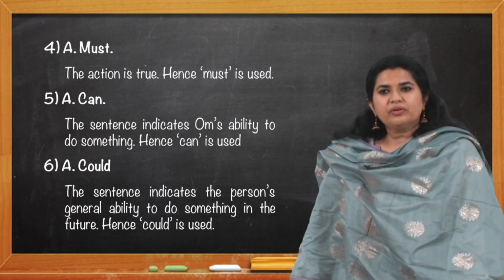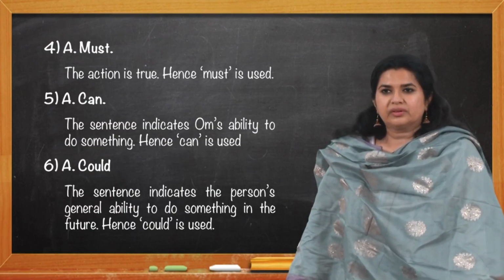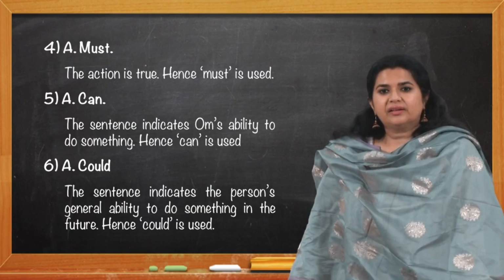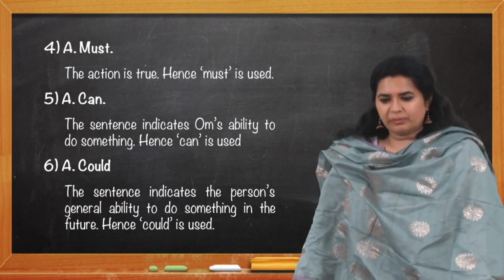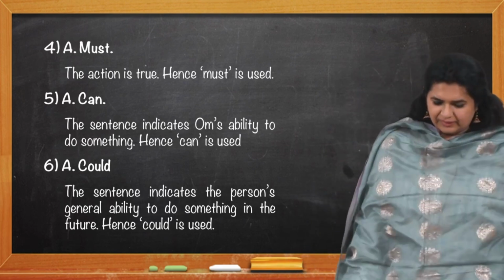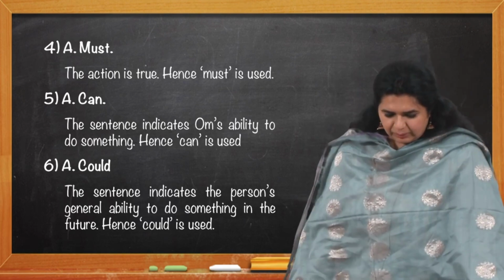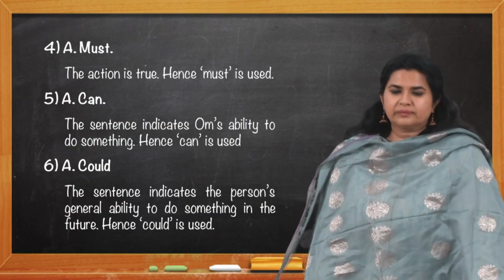And number 4, A, must. The action is true, hence must is used. Number 5, A, can. The sentence indicates Om's ability to do something, hence can is used. And 6, A, could. The sentence indicates the person's general ability to do something in the future, hence could is used.